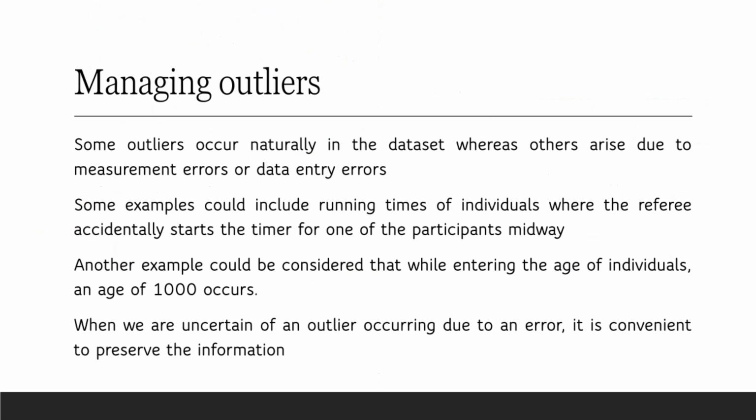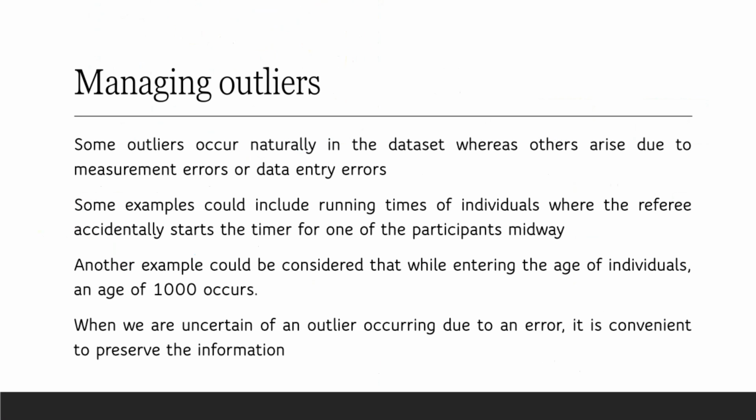Say, for example, the individuals appearing for the UPSC mains exam. The age of the individuals could vary, say starting from 21 years to 28 years. However, there are certain individuals whose age is 35 years. Clearly, that is an outlier, but that is a naturally occurring outlier and it is very much possible.